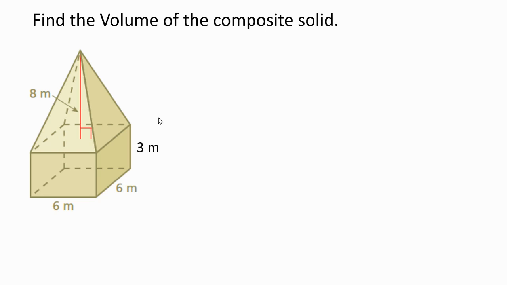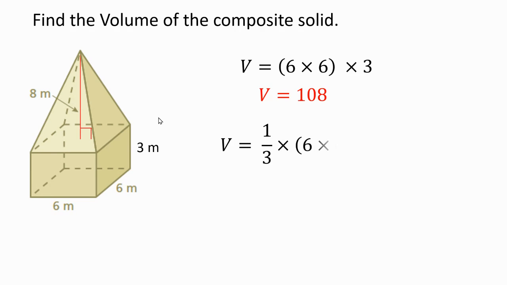Now this time we have a composite solid. We have a rectangular prism and a rectangular pyramid, or a square pyramid. So what I did was first do the rectangular prism, so 6 times 6 times 3. That volume ends up being 108. Then the other one's going to be a pyramid, so it's 1/3 times 6 times 6, because that is still the square, and the height is 8.